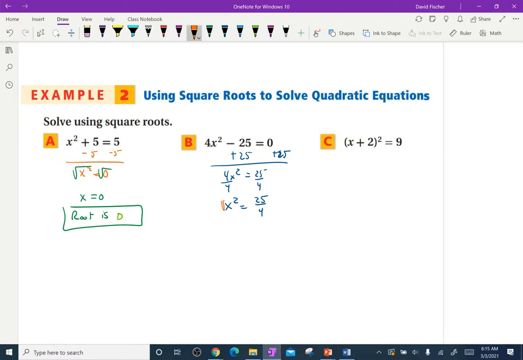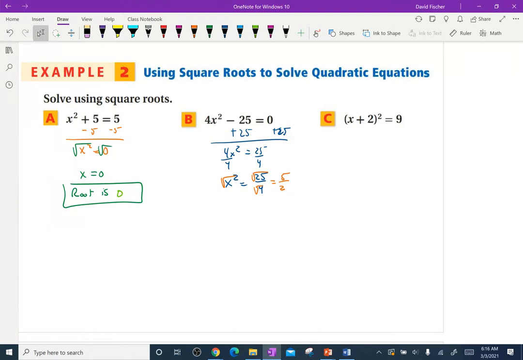So when I take the square root, I want to take the square root of both of these guys. The square root of 25 is 5, and the square root of 4 is 2. So now 5 divided by 2 is, and by the way, this is a plus minus because I just took the square root. So my roots are negative 2.5, because 5 divided by 2 is 2.5, and positive 2.5.